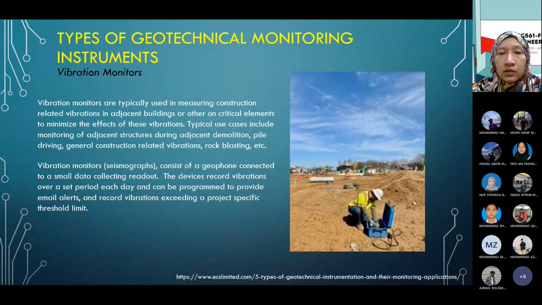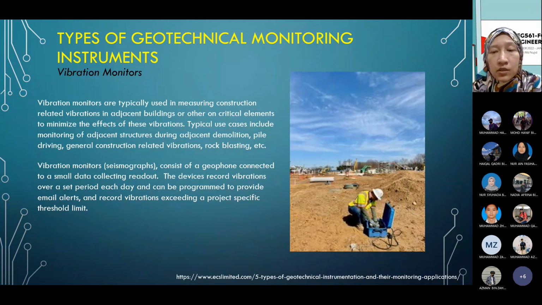The vibration monitor can be presented in a seismic graph. It consists of a geophone connected to a small data collecting readout. The devices record vibrations over a set period each day and can be programmed to provide email alerts and record vibration exceeding a project-specific threshold limit.